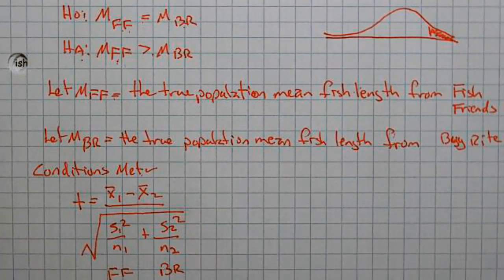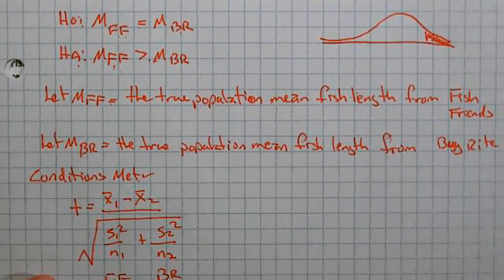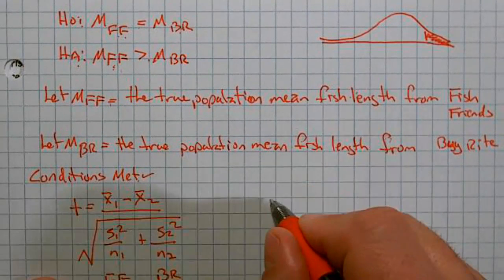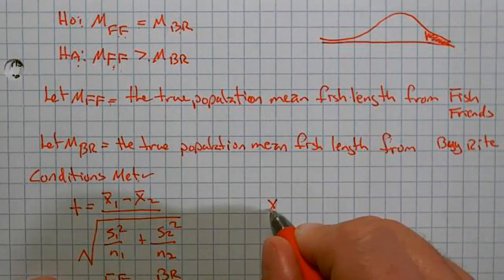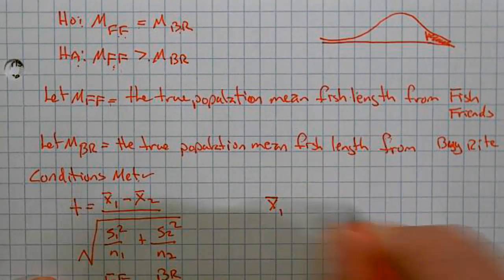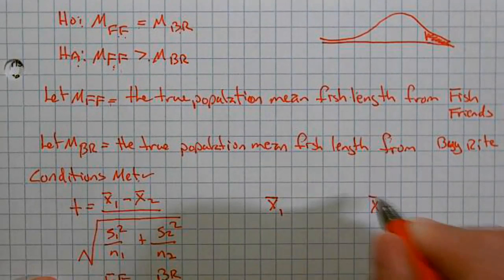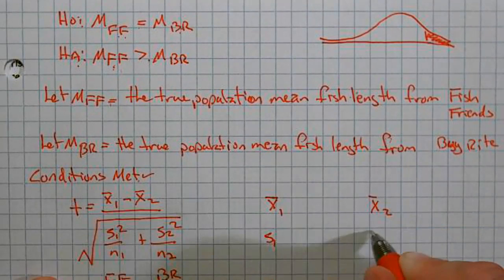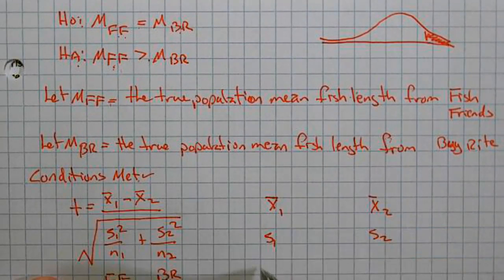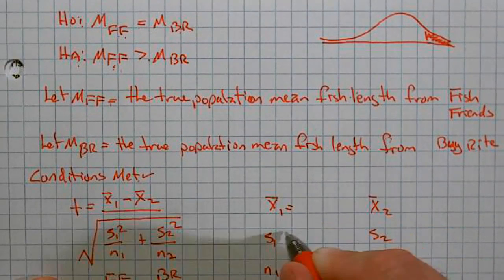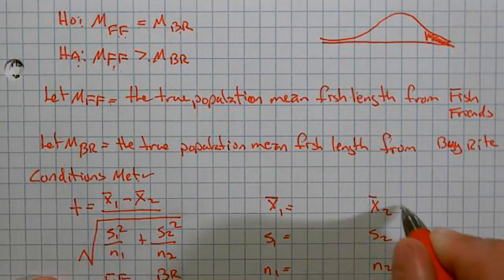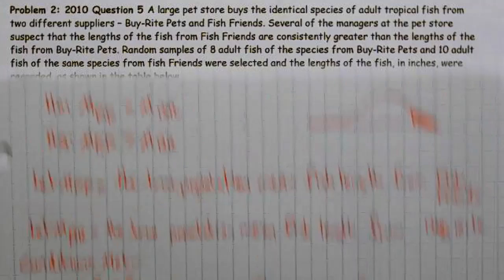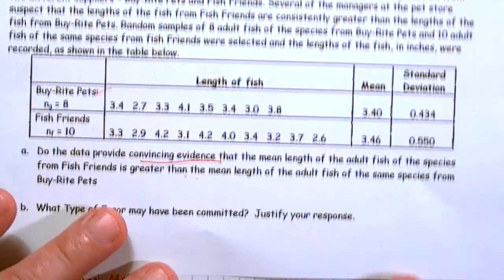All right, so I need to make a list of the information that they gave me. I need an x bar 1, an x bar 2, an s1, an s2, an n1, and an n2. And the nice thing is they actually gave me that information.